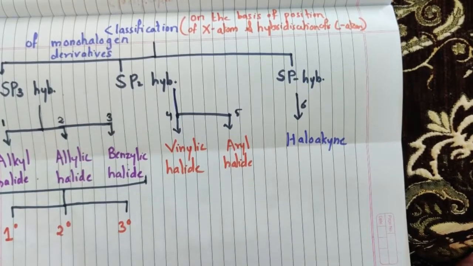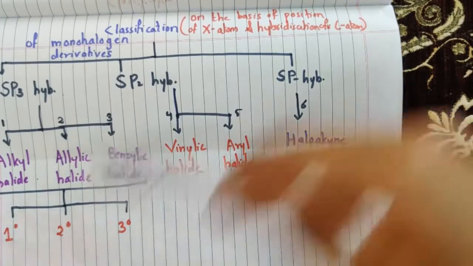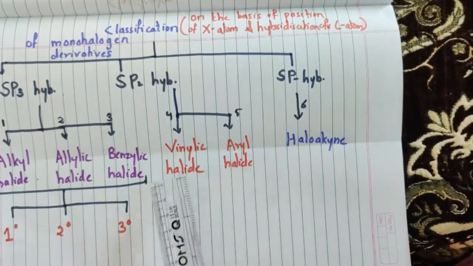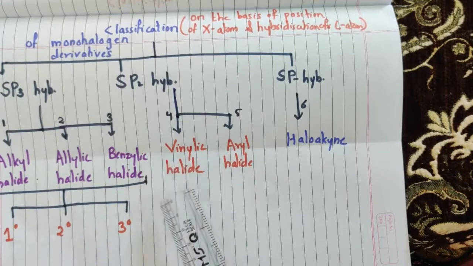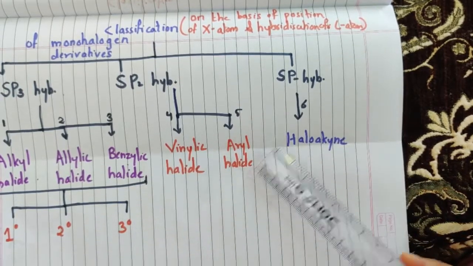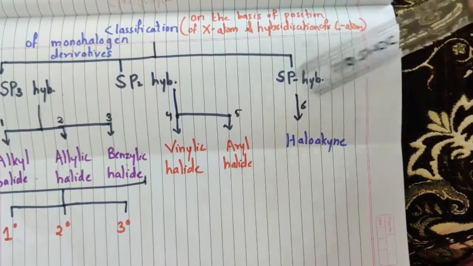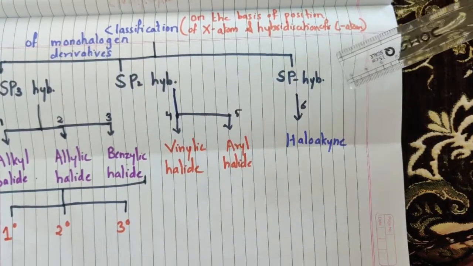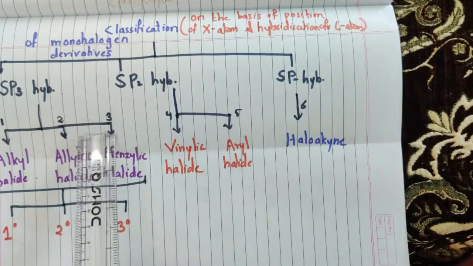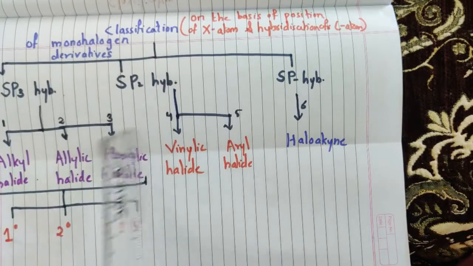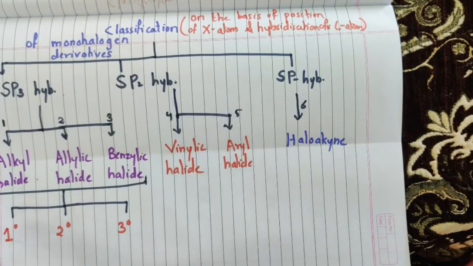If halogen is bonded to a sp2 hybridized carbon atom, we can get two different types of halogen derivatives, which are vinylic halide and aryl halide. And if it is bonded to an sp hybridized carbon atom, you can get a haloalkyne. Here you can see there are 6 types. We will discuss each type in detail afterwards.